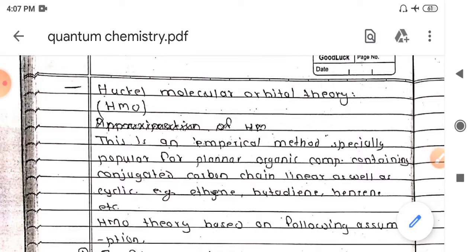We will see various types of orbitals, like bonding, anti-bonding, and non-bonding orbitals, and how these orbitals are labeled as bonding or non-bonding.